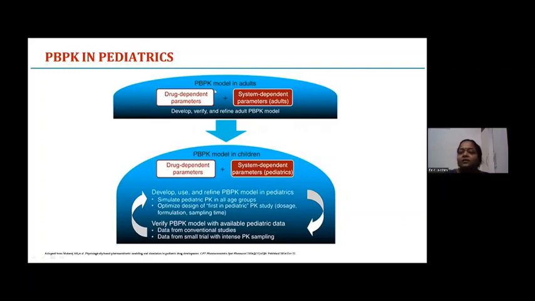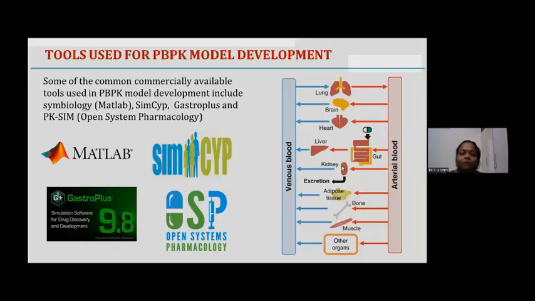Drug dependent parameters like lipophilicity, solubility, pKa values are required, as well as some of the system dependent parameters which are already established in adults, and an exclusive model can be developed, and then that can be refined so that it gives an optimum PK model.